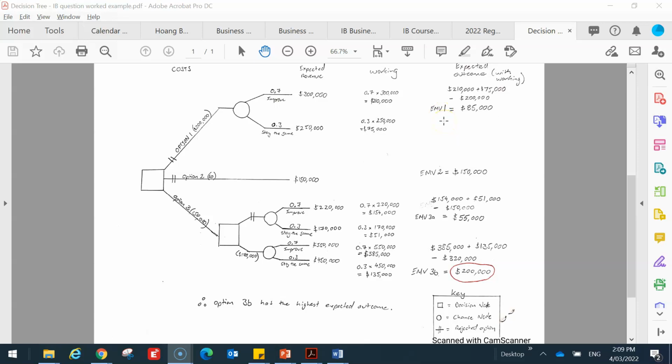All right, so just taking you back once again, our final option here, 3B, we understand the additional cost of $170,000. So we're going to deal with that later, and that's why they're both in brackets. Again, I've gone through the process, done my calculations and working. Here they are. Okay, almost there.